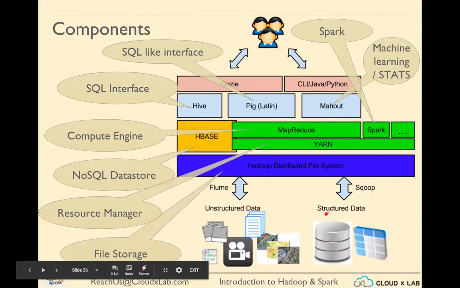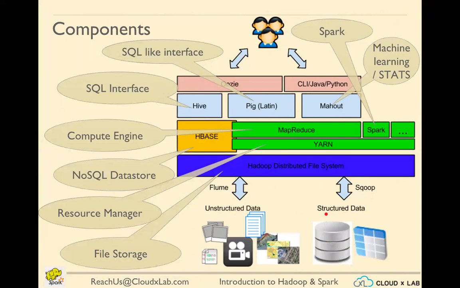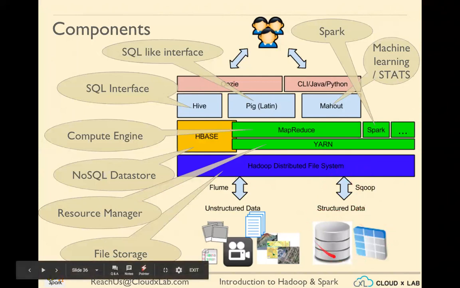And if you have structured data, say your organization is already using a data warehouse, and databases such as Oracle, Microsoft SQL, MySQL, or Postgres, you can use Sqoop to copy the data from your structured data sources into HDFS.